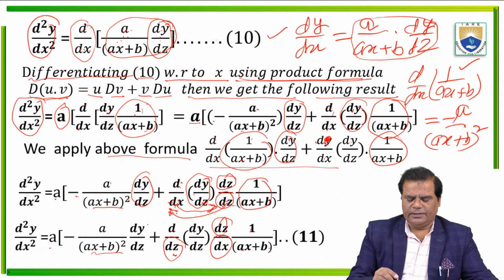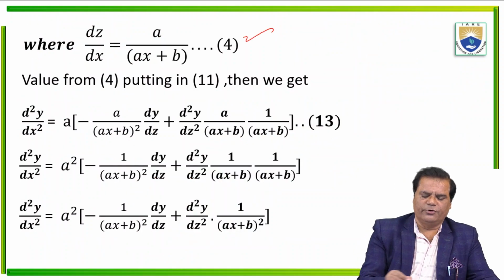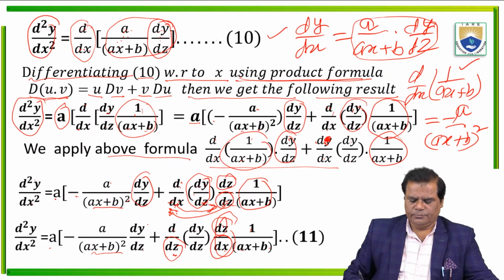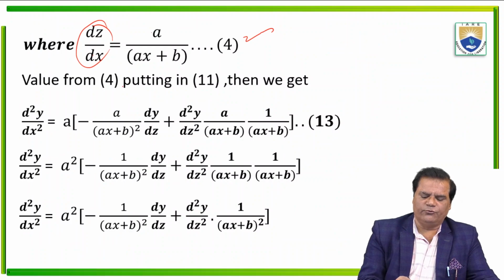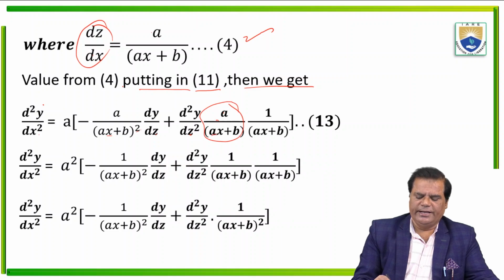Again, from equation 4, putting the value of dz over dx, a upon ax plus b, in equation 11, we get d2y over dx2 equal to a times minus a upon (ax plus b) whole square into dy over dz plus d2y over dz2, into a upon ax plus b into 1 upon ax plus b. This is equation 13.